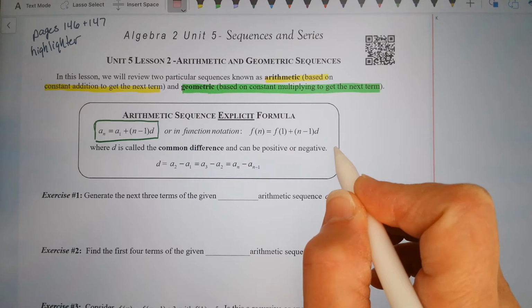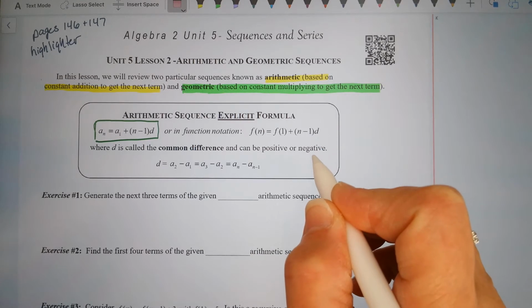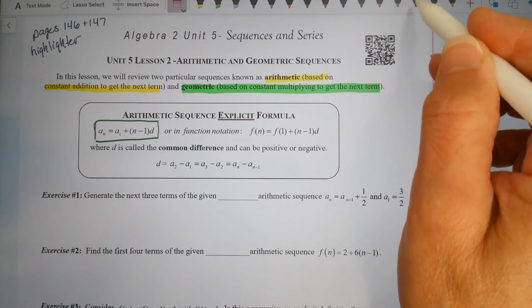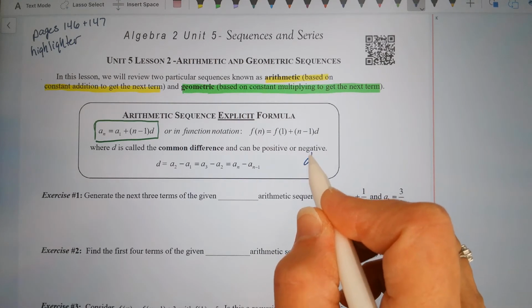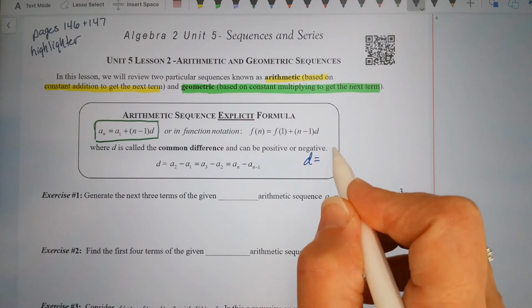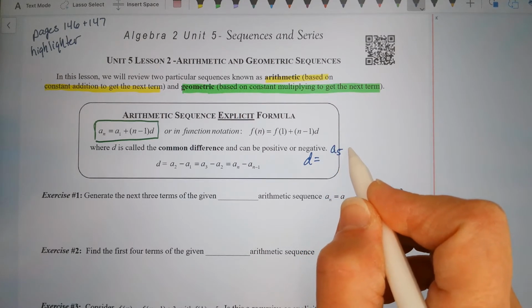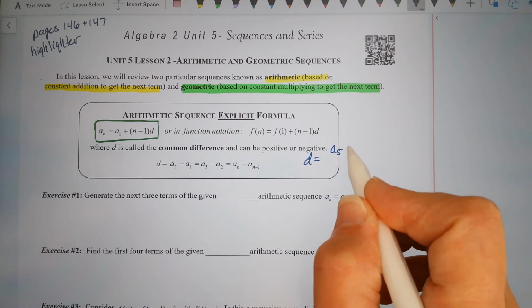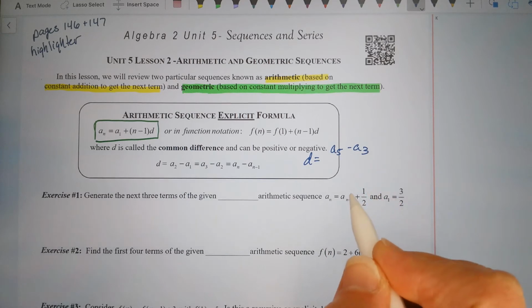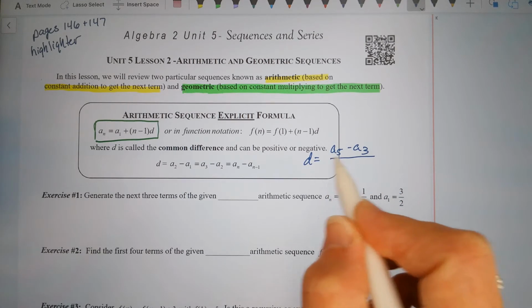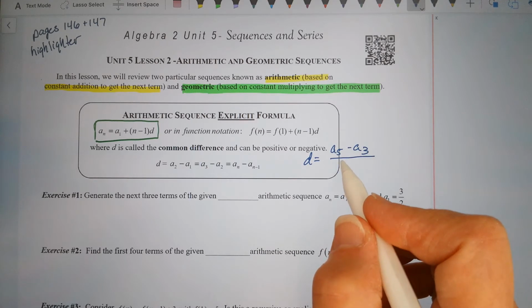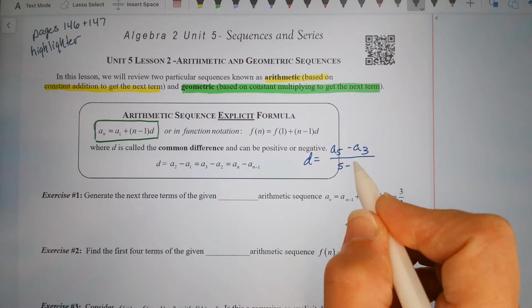is, let's see, if we had, let's say, the fifth term and the third term, we would take the value of each of those, their difference, and subtract the term number of each.